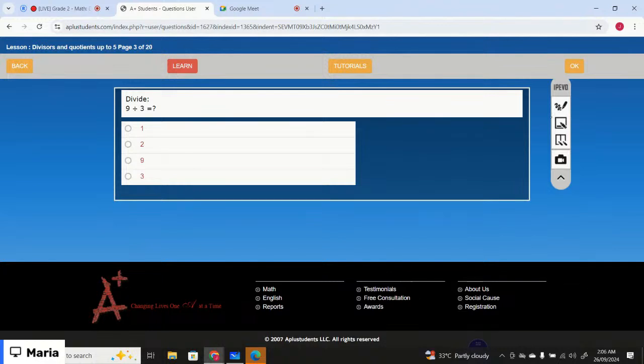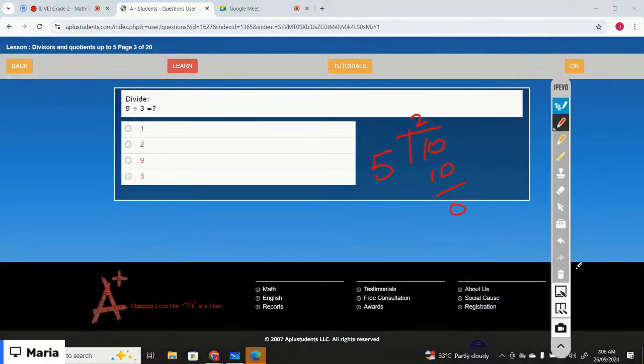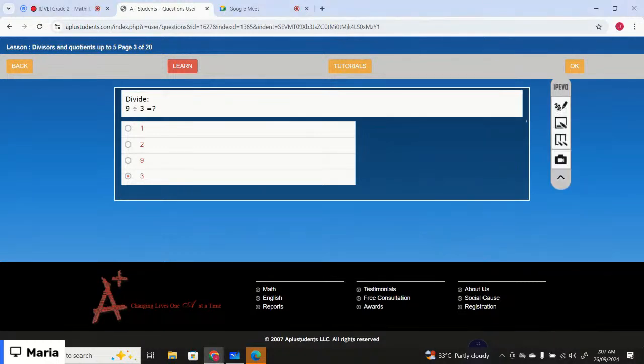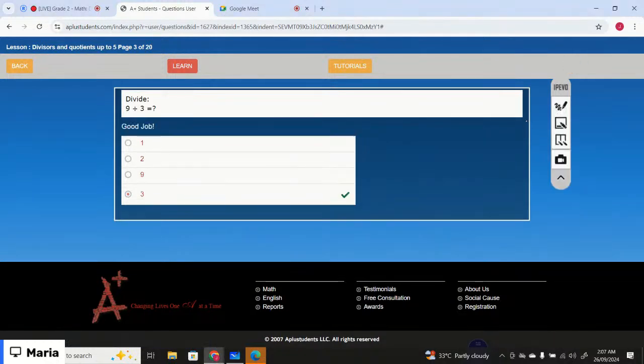If you find the harder one, you can find some worksheet for you, or you can contact any tutor. They will share a worksheet with you, right? So 3 times what number is 9? 3 times 3 is 9, right? So the correct option is 3. 9 divided by 3 equals 3, right?